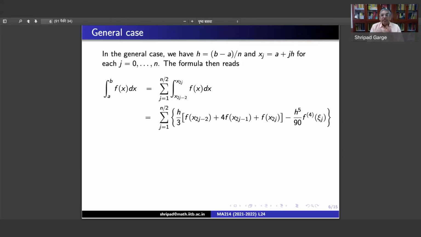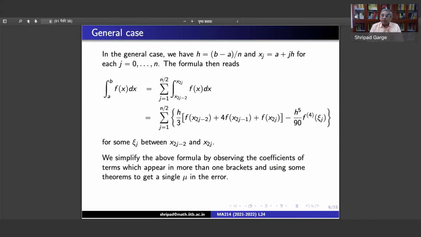Then there are the three function values inside, where the endpoints have corresponding coefficient 1, whereas the middle point will have 4 as the coefficient, minus h to the power 5 upon 90, the fourth derivative at xi j. Okay, so this is the error for Simpson's one-third rule applied to each of the subintervals. This xi j is between x2j minus 2 and x2j, as we would naturally have it.